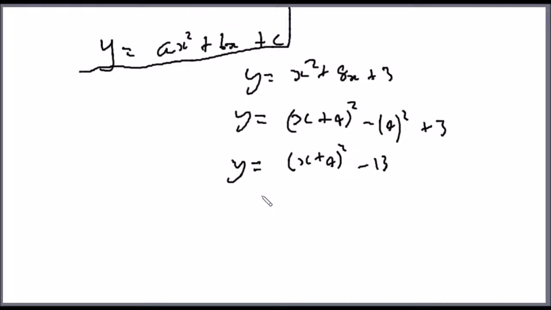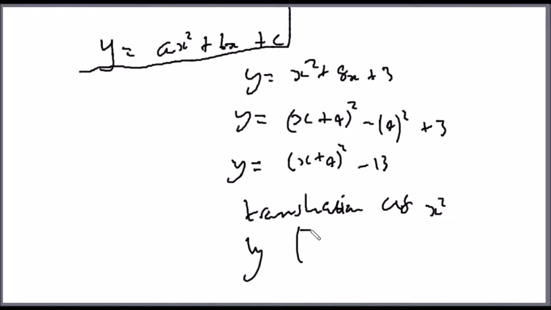And this is actually a translation as well of the graph of x squared by the vector minus 4, so 4 to the left, and minus 13, and 13 down.